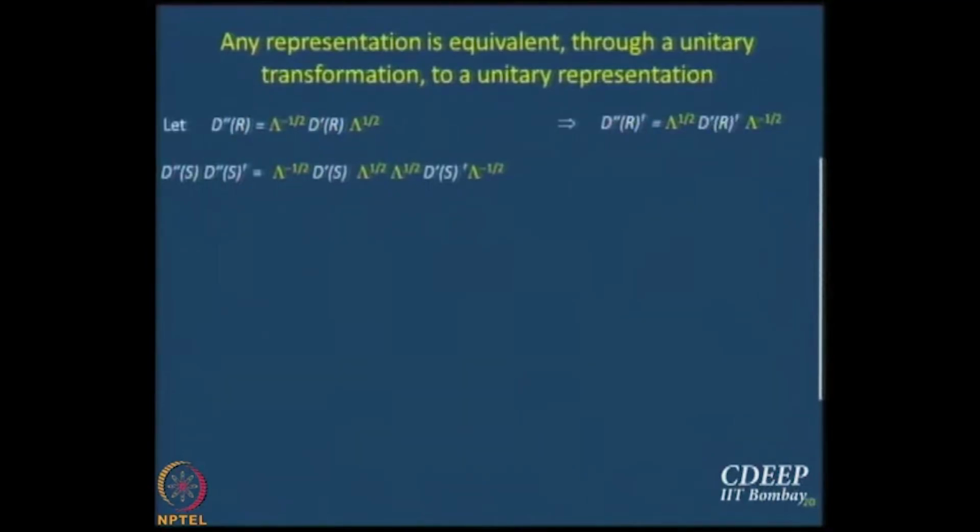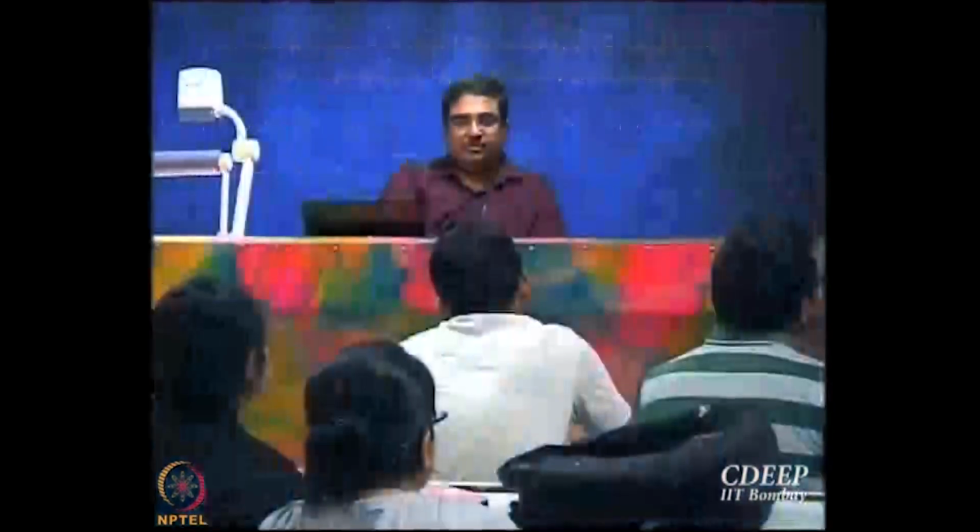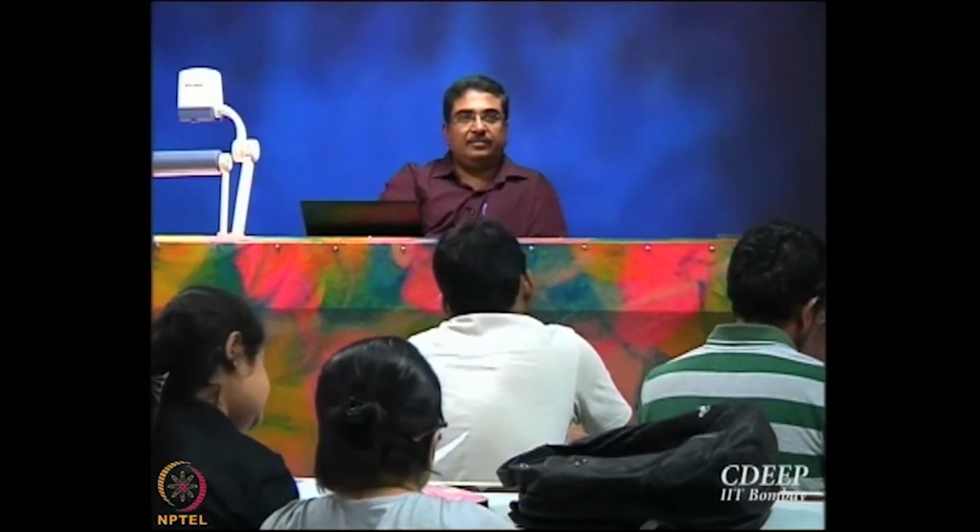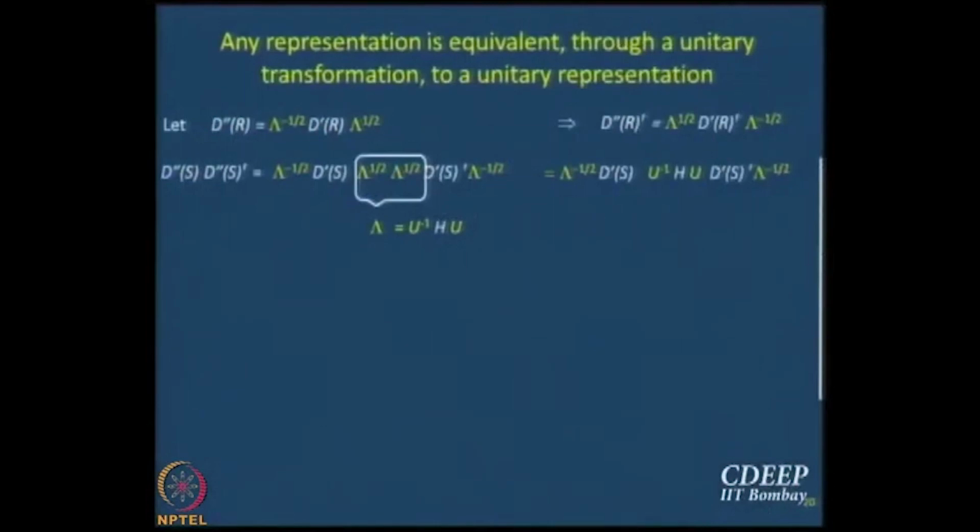What is the next step here? Yes. What is lambda? U inverse HU, right? So I can write it like this, lambda to the power minus half d prime S U inverse HU, then adjoint of d prime S lambda to the power minus half. What do we do next?